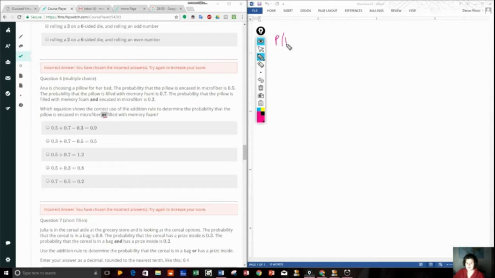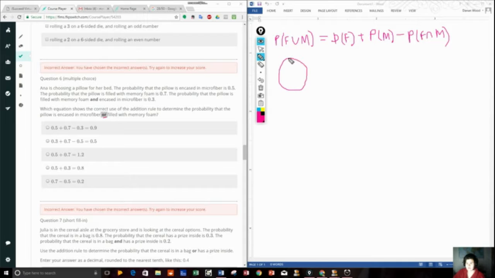So I'm going to use F for microfiber and M for memory foam. So the probability of being in microfiber or memory foam is going to equal the probability of it being microfiber plus the probability of it being memory foam minus the intersection, that it could be both microfiber and memory foam. So in my head, this is what I'm picturing just from the description that they gave us.